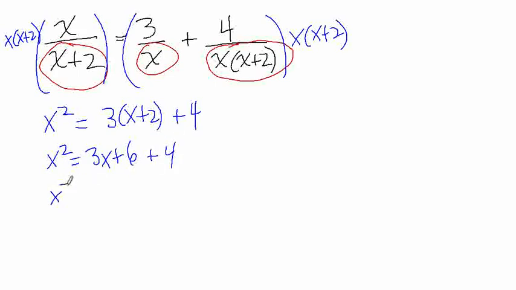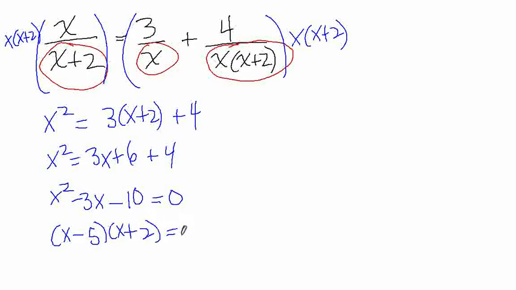So moving things around, x squared minus 3x minus 10 equals 0. Factoring that, I get x minus 5 times x plus 2 equals 0. So x equals 5 or x equals minus 2.